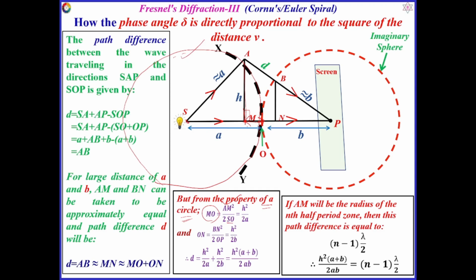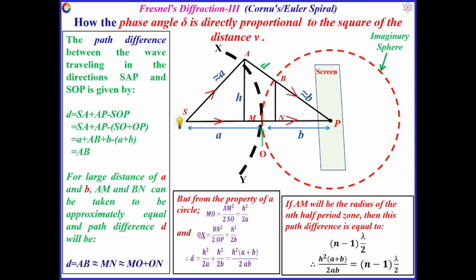Here AM is considered as the height H, so instead of AM we can write H square by 2 SO. We know that from S to O is your distance A, so 2 into SO is 2A, right?